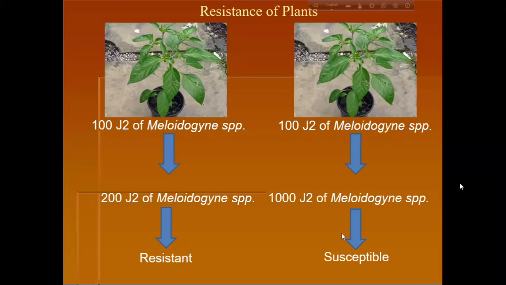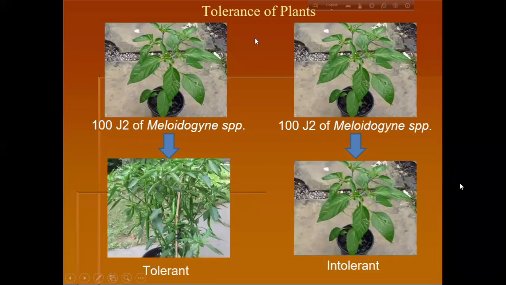Then when we talk about the tolerance of the plant, we don't think about the number of pathogens. Rather, we think about the plant size, shape, and structure. We think about the plant canopy.